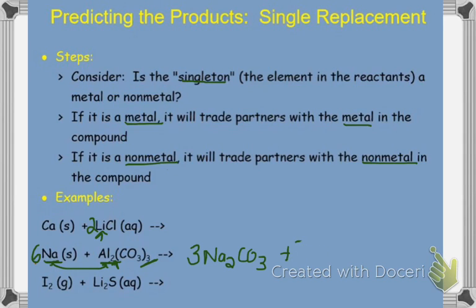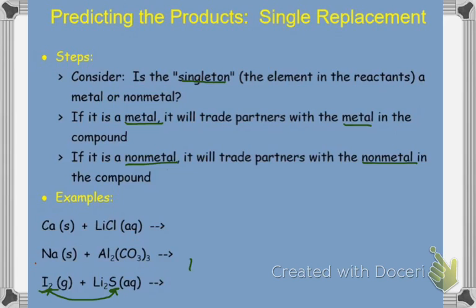Our last equation, we have iodine combining with lithium sulfide. Iodine is a non-metal, which means it's going to trade places with the non-metal in the compound. The iodine and the sulfur will switch.